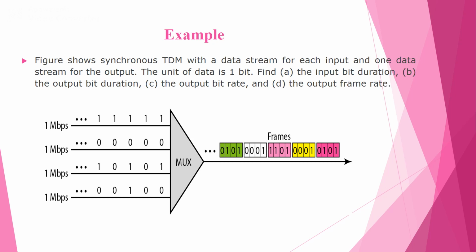So in the diagram we can clearly observe that we are having 4 connections. So the value of n is equal to 4, and while constructing the frame we can observe each frame consisting of patterns. Suppose this is frame 1, we can construct the first frame as 1, 0, 1, 0.